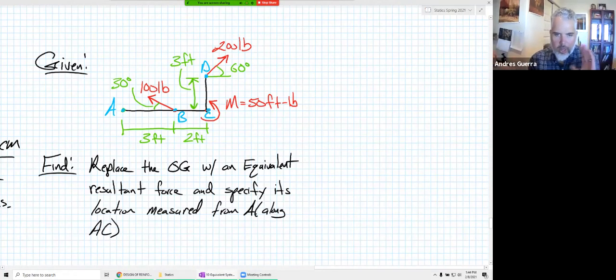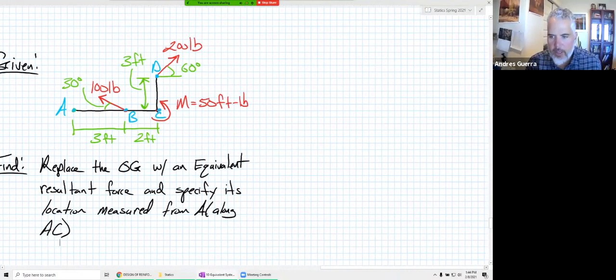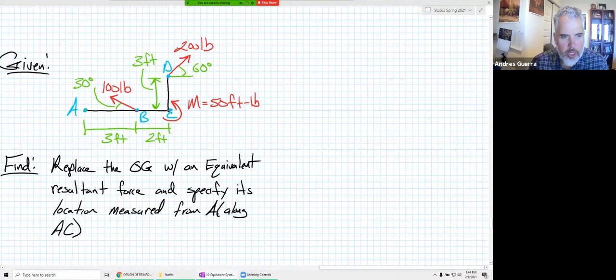So the problems typically tell us, you know, it's somewhere along this line, find where that equivalent resultant force is going to need to be located.